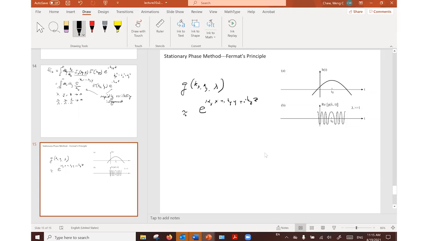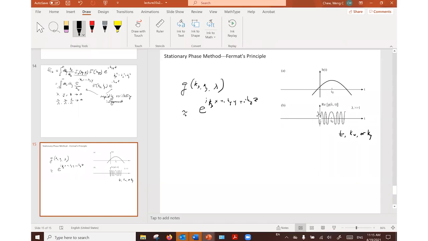Let me write my kx properly. It is going to be a rapidly varying function of kx, ky, kz, t. t can represent kx or ky. So if I were to plot this function as a function of t, where t can be kx or ky, then this function will be rapidly varying.